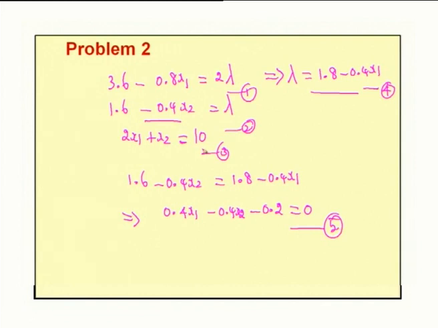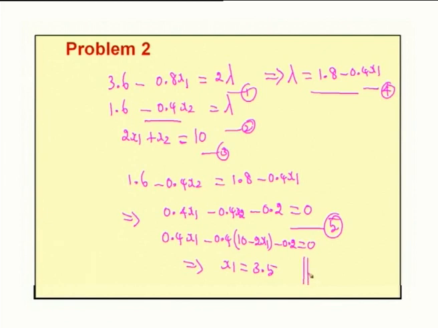Now, by making use of equation 3 in 5, we have x2 equal to 10 minus 2 x1. Therefore, equation 5 becomes 0.4 x1 minus 0.4 into (10 minus 2 x1) minus 0.2 equal to 0. By solving this equation, we get the value of x1 as 3.5.